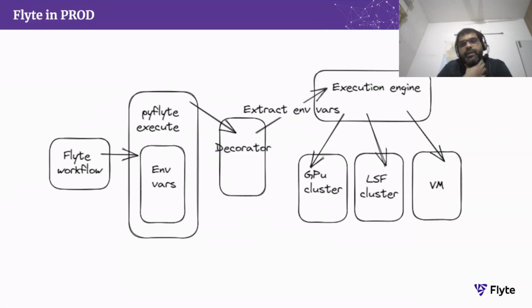Yeah. So here I have explained the process. We have a Flyte workflow. If you look at the way that we are structured, when we started off, we did not have GPUs on our own cluster. So we had to submit jobs to an external system, and that external system is not Flyte.